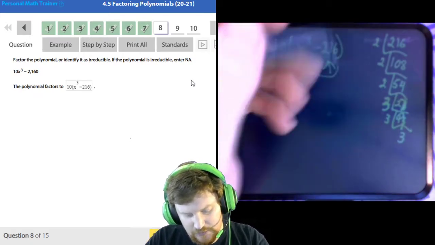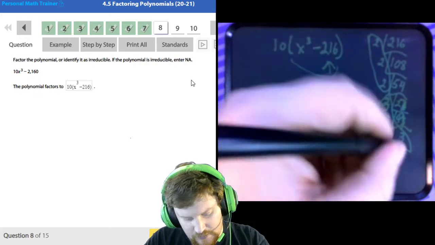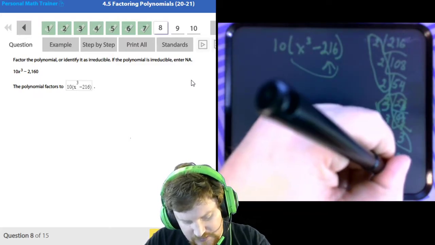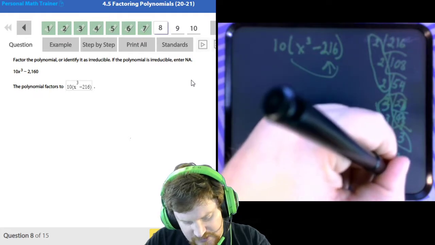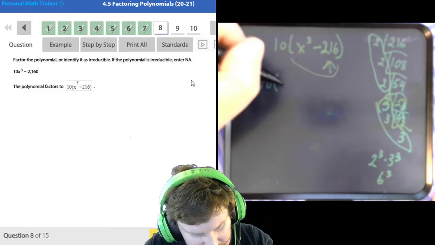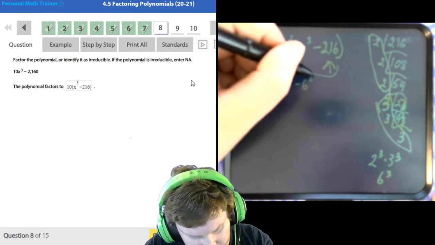It's actually 6 cubed, because I have 3 2's and 3 3's, which means this is 2 cubed times 3 cubed, which is 6 cubed. That's my mistake. So 10 times x cubed minus 6 cubed.